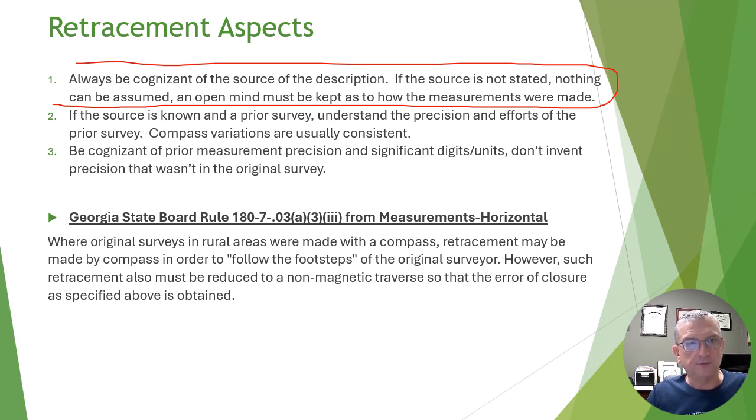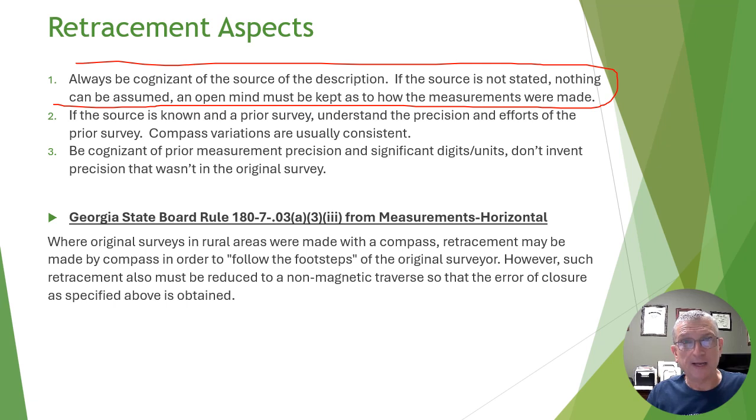And there, if the source is known and it's a prior survey, understand the precision and the efforts of the prior survey. Did they use an actual chain, or did they use a steel tape? Did they pace? Did they measure along the ground? Where did the bearings come from? Was it from a compass? Did they make the mistake of saying 12 degrees 30 seconds when they meant to say 12.5 degrees?